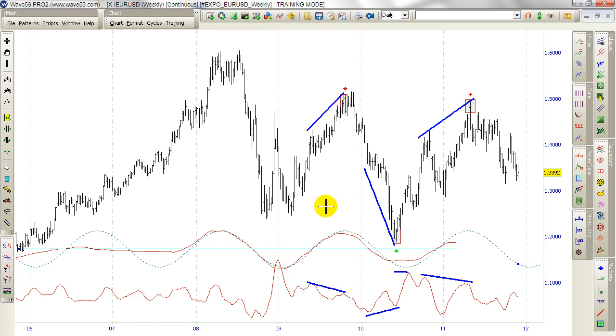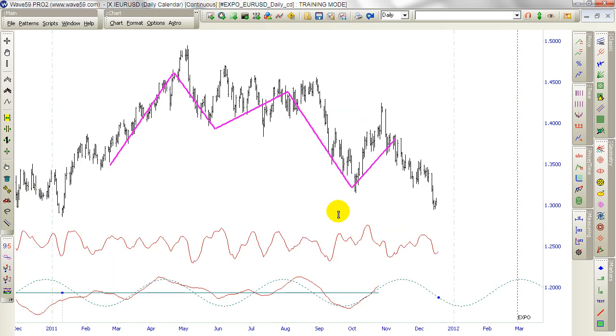So we switch to the daily chart. This is the daily chart, which shows also the euro US dollar chart, with the dominant cycle explorer attached to the chart, anchored to the major low, and the standard setting again. So this is exactly the situation we just talked about.